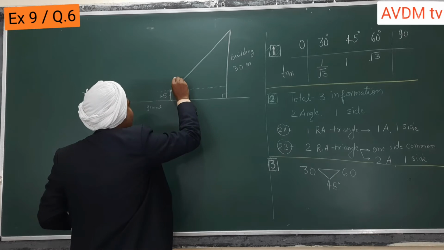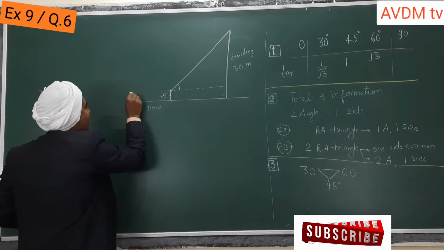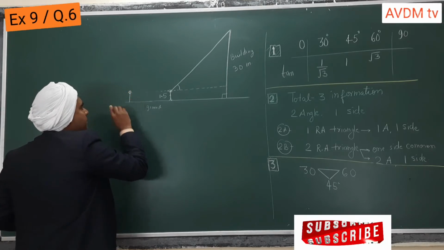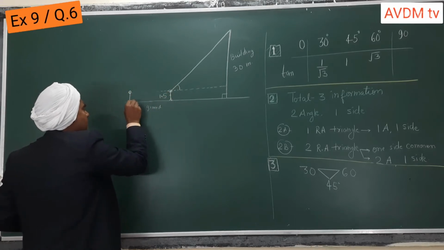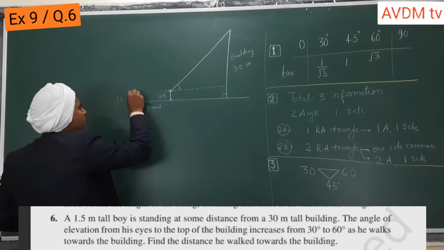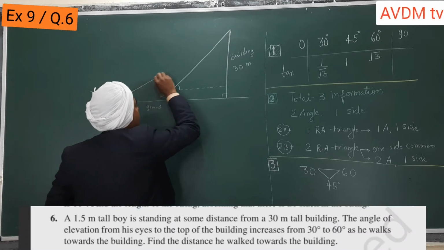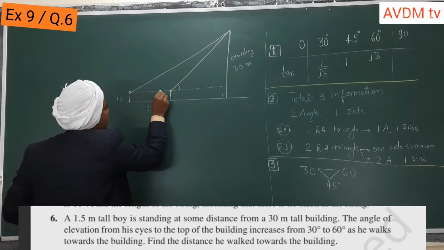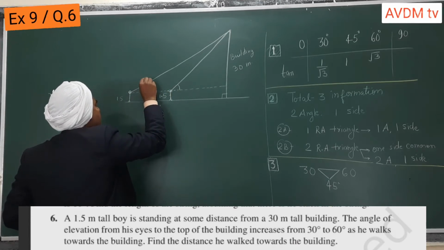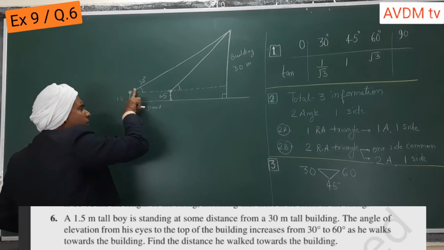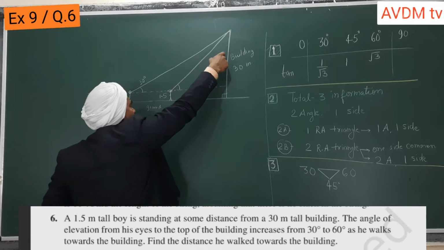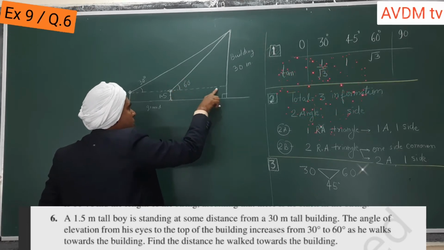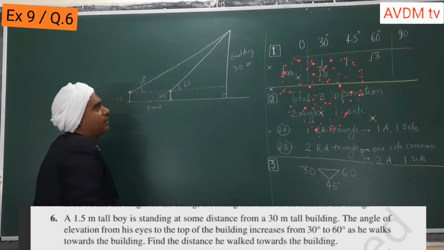If you take here this is 1.5, and this is the 30 degree line of sight. Then he moves towards the building and because he has come close, the angle of elevation will increase.